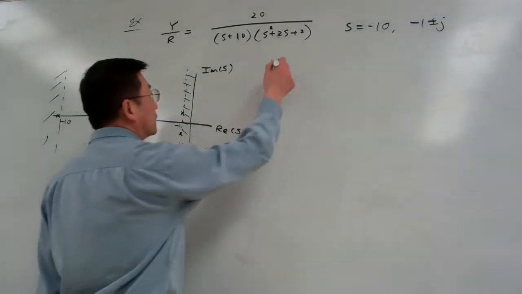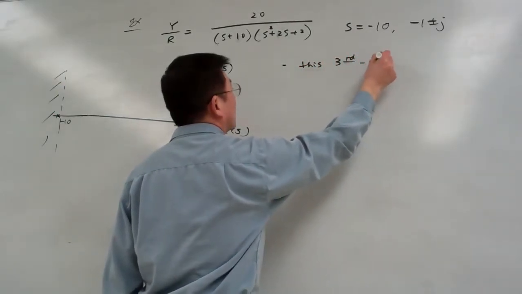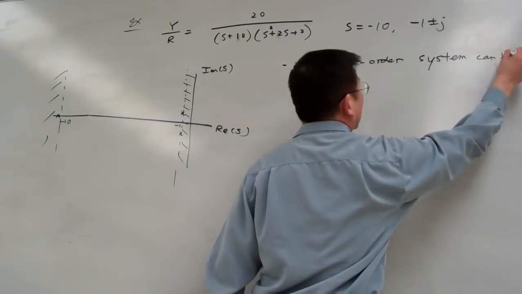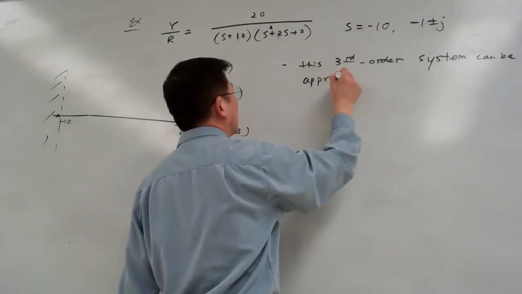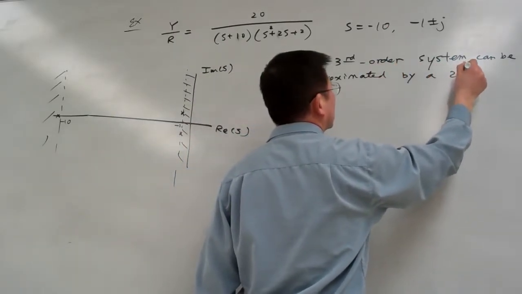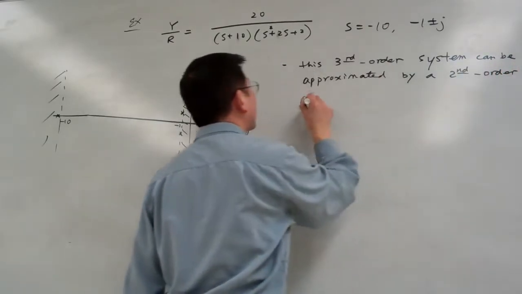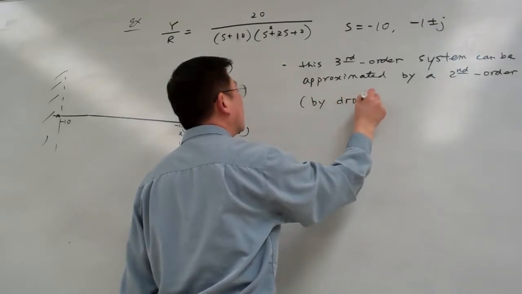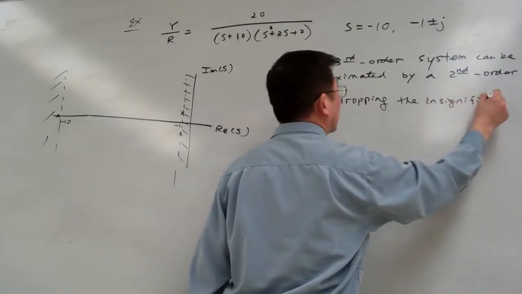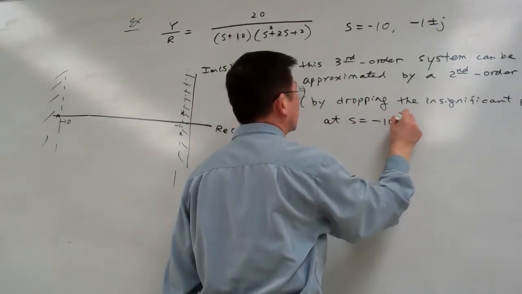And so therefore the first one, this 3rd order system can be approximated by a 2nd order system by dropping the insignificant pole at s equal to -10.